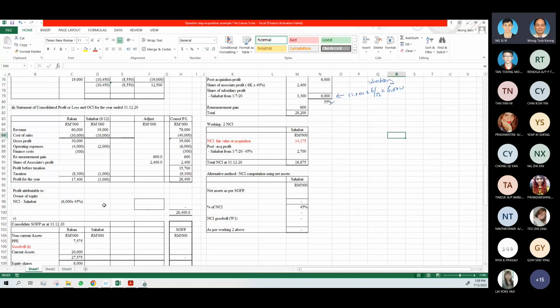Okay, so you copy it out. Then your NCI 6,000 for half year and 45%. So only second half of the year becomes subsidiaries. So it's a balancing for parents. Okay, consolidated P&L done. So looks very easy, isn't it? Looks only.